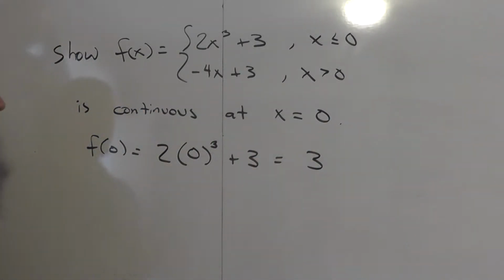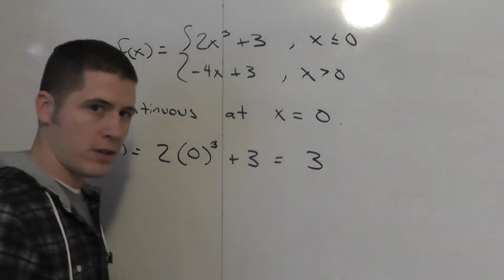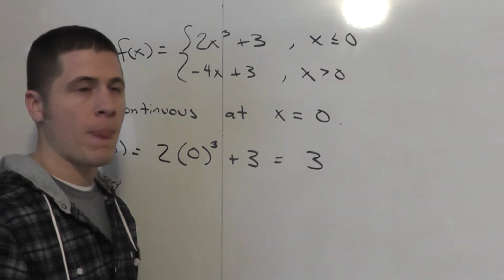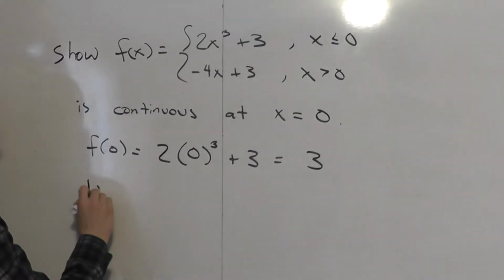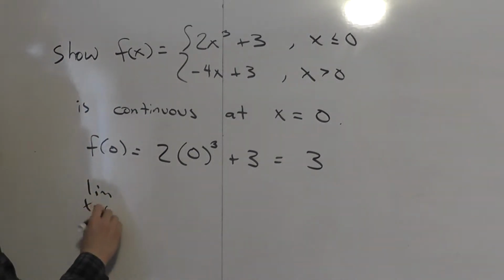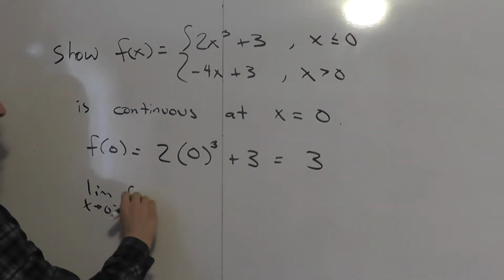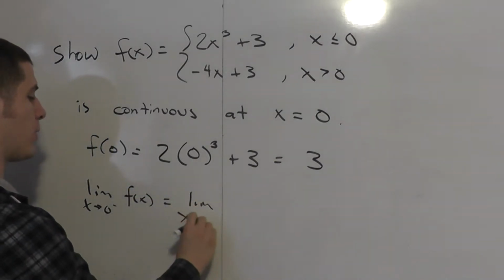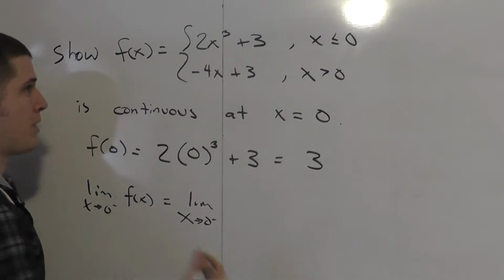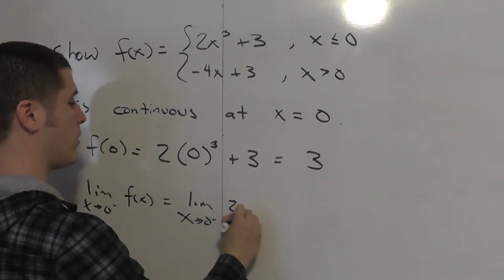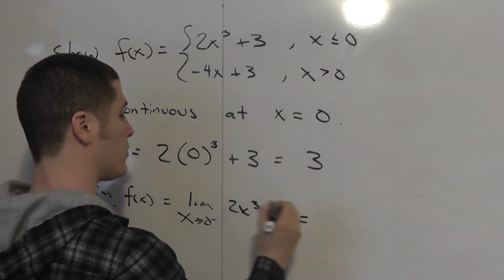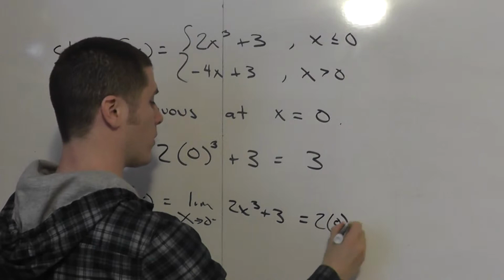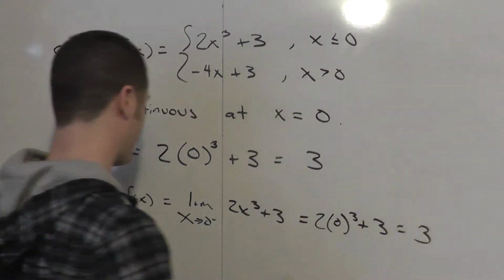Now we have to find the limit as x goes to 0, and we're going to have to do this in two parts, from the left and from the right, to make sure that the limit exists. The limit as x goes to 0 from the left of f of x is the limit as x goes to 0 from the left of 2x cubed plus 3, since the left of 0 is defined this way. This is polynomial, so it equals 2 times 0 cubed plus 3, which is 3.